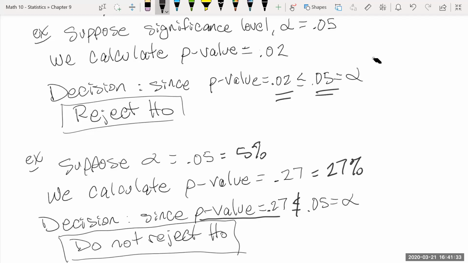Since it wasn't less or equal, I'm not going to reject the null hypothesis. I like to do up here a less than or equal to, and down here a not less than or equal to, because then I only have to remember one formula. If the p-value is less than or equal to alpha, I reject. If it's not, I don't reject. And so that's how I came to those conclusions there.